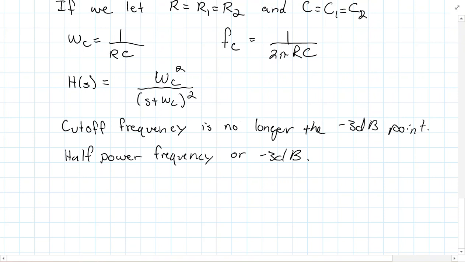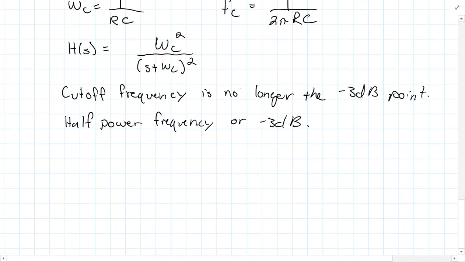Now let's first see why it is no longer the 3 dB point. Well, let's go ahead and put in H at j omega here. So you have H at j omega, and we'll go ahead and put it at omega C here.